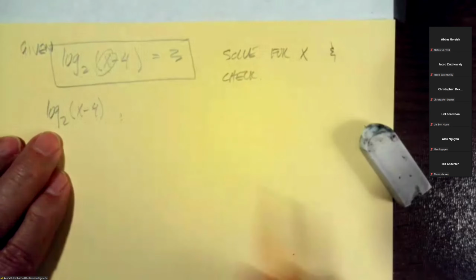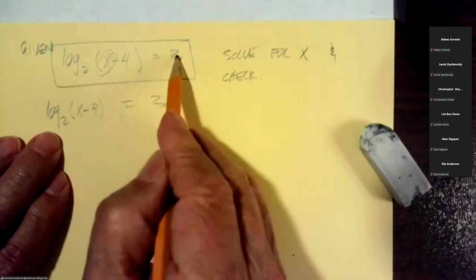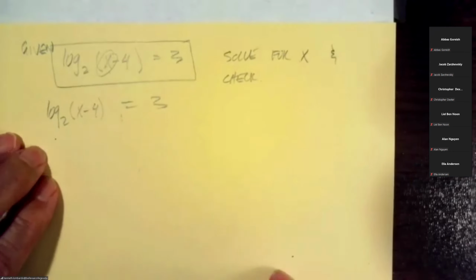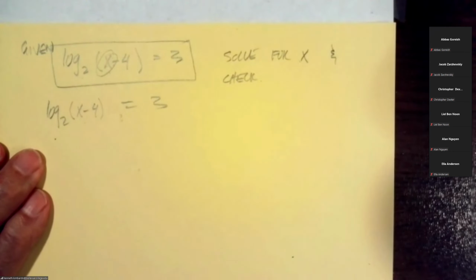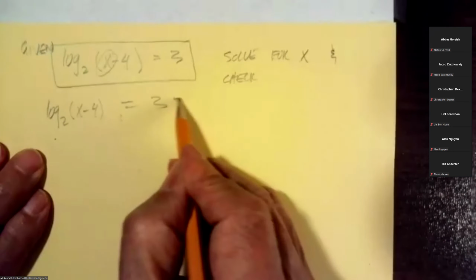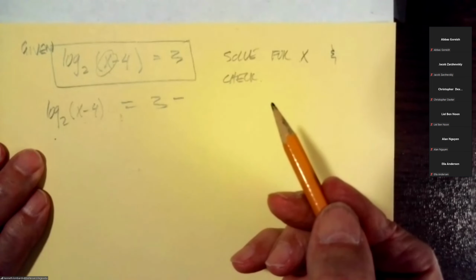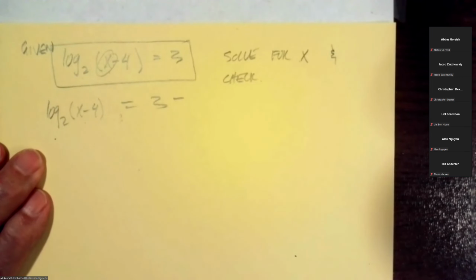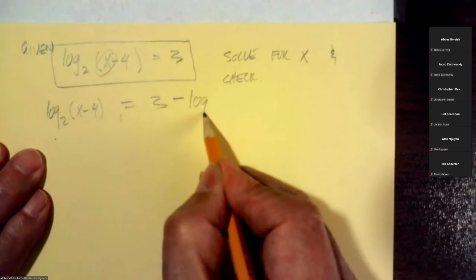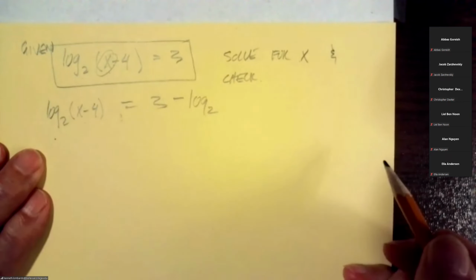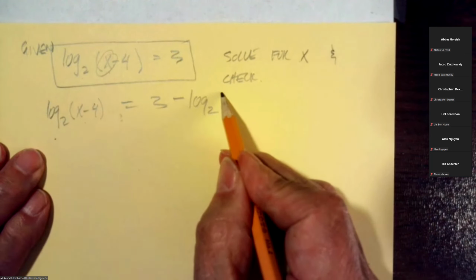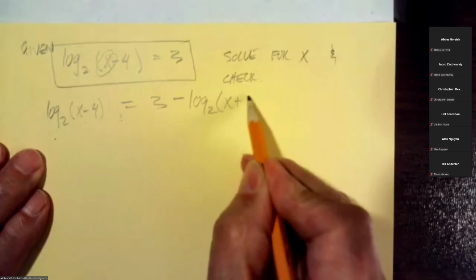You want to set that equal to 3. That's what we're given. And then 3 minus log base 2 times x plus 4, I think.